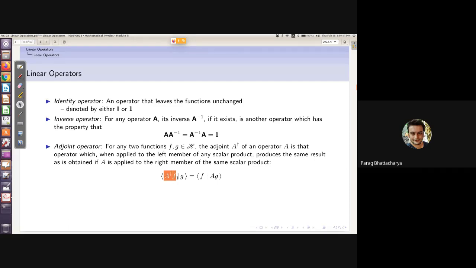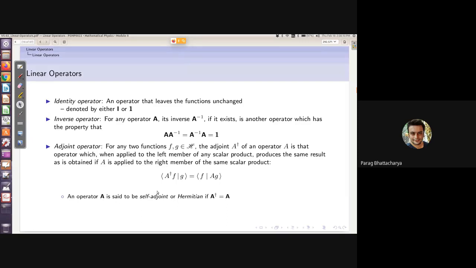Left member means f; in the definition of the scalar product, you take the conjugate of f. So whichever function is getting conjugated, to that you apply the adjoint operator. That is the same as taking the original operator and operating on the right member, the function which does not get conjugated.